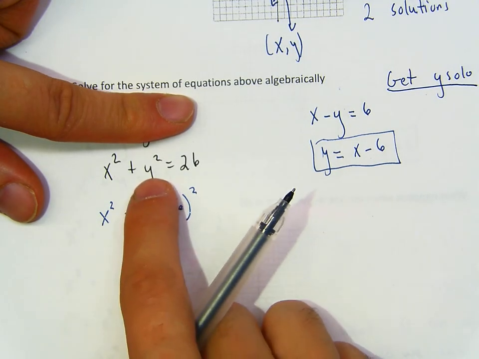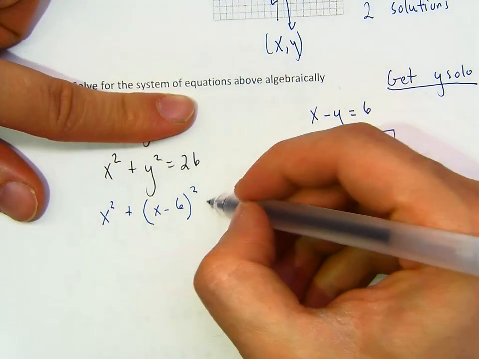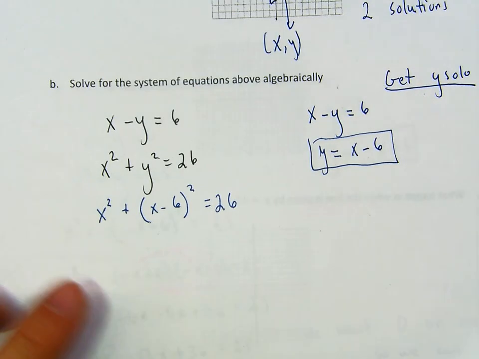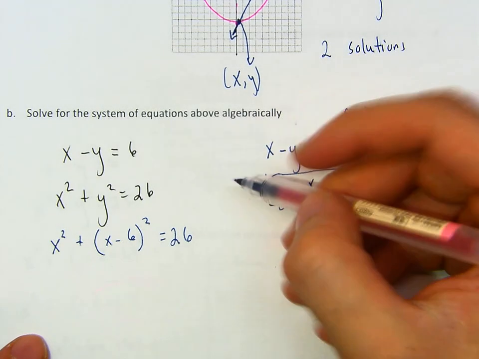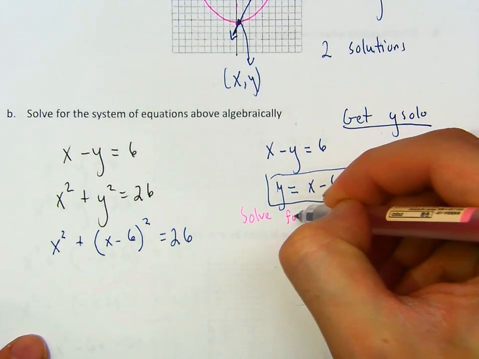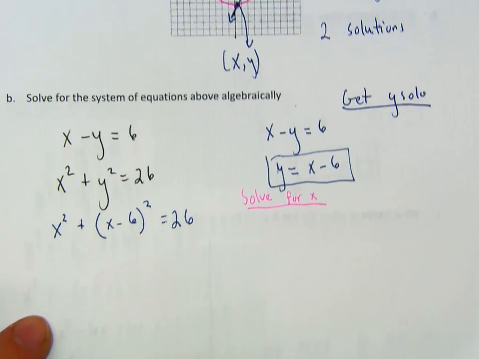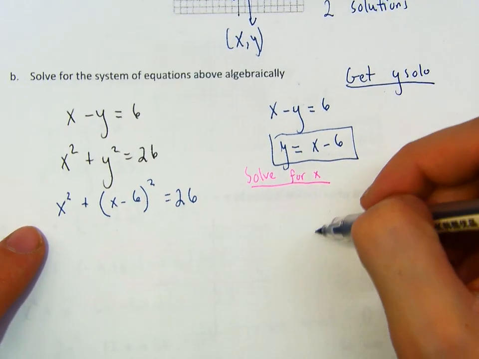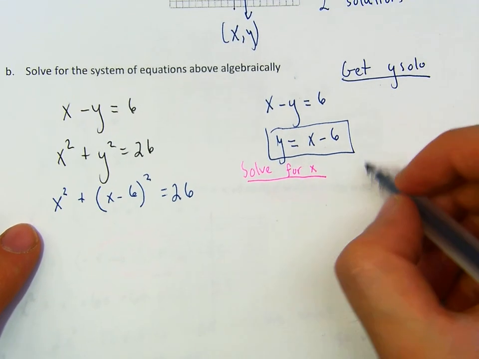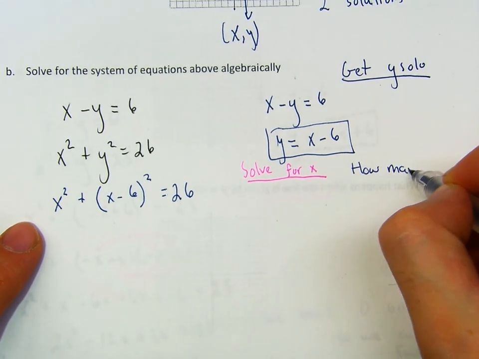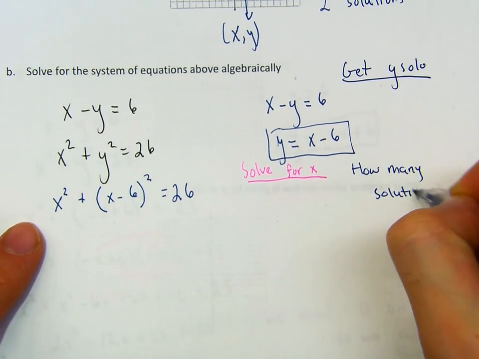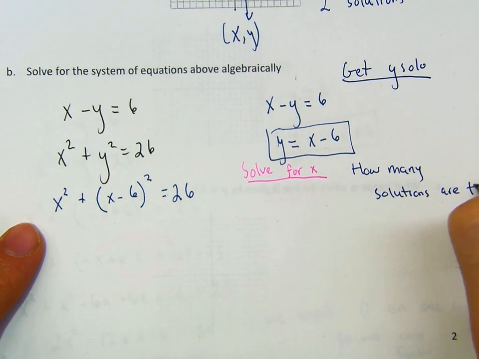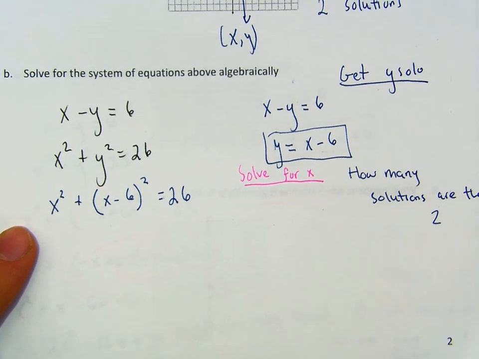So you're just taking y and squaring it, and it equals 26. Now here, solve for x. Okay, well, how do you solve for x? How do you continue? Try and do it on your own. And notice, how many solutions are there? There should be 2, right?